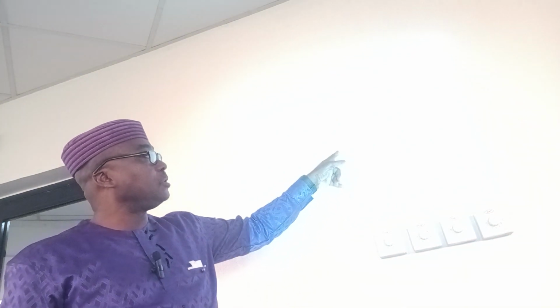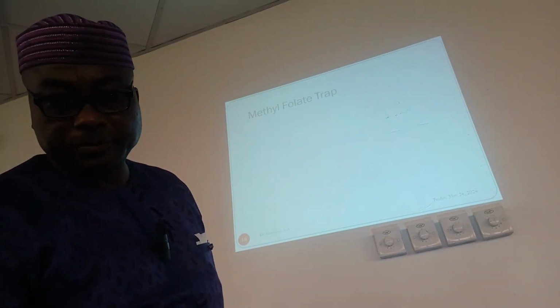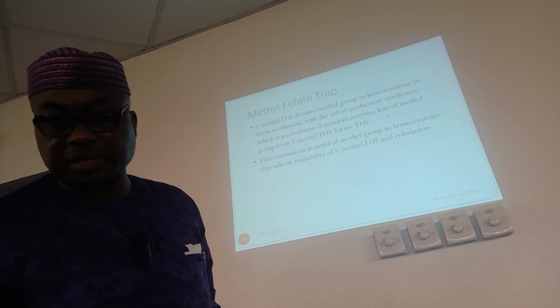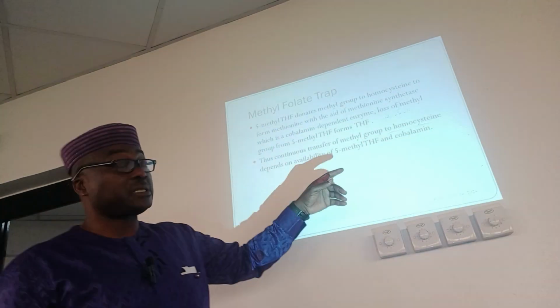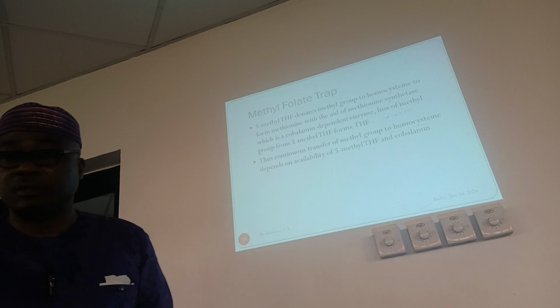Look, the methyl group is taken up by homocysteine to form methionine. So the continuous transfer of methyl group to homocysteine depends on availability of 5-methyl tetrahydrofolate and cobalamin. Does that make sense?